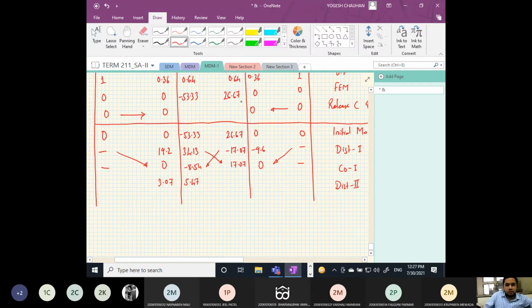Similarly, 17.07 multiplied by 0.64 will give you minus 10.92, and minus 17.07 multiplied by 0.36 will give minus 6.15, dash dash.